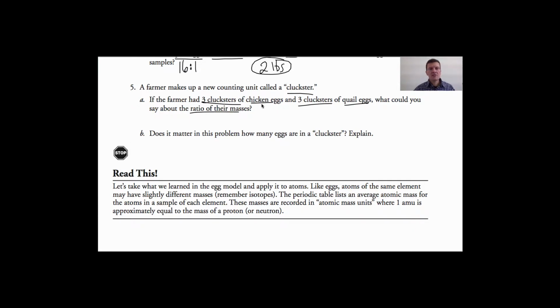Well, this is a counting unit. So if you have the same number of both, the masses, though, are always going to be in a 16:1 ratio. The chicken eggs are bigger. How much bigger? 16 times heavier. So what could you say about the ratio of the masses? Still 16:1. Okay?